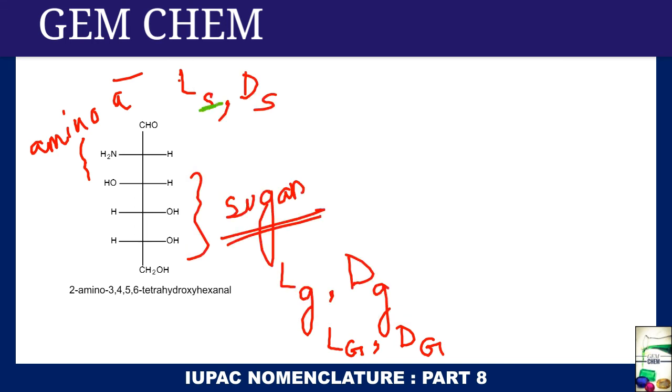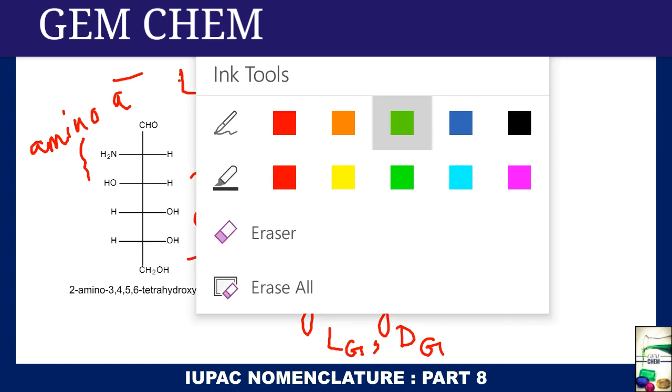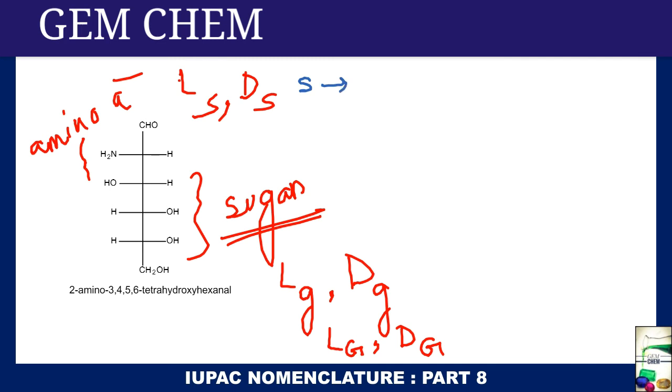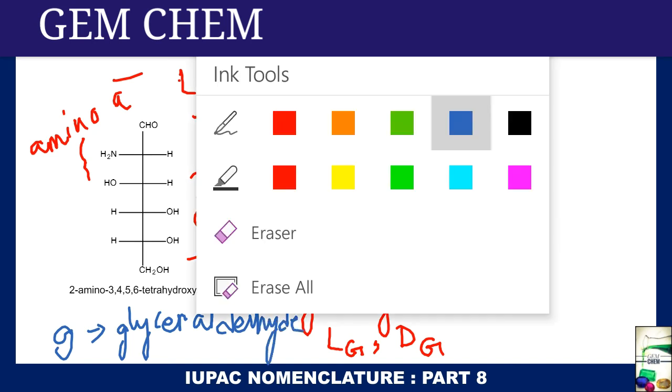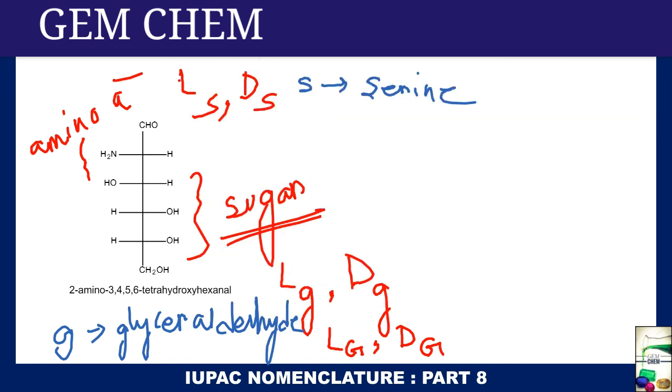Now what is S? Let us understand what is S. S stands for serine and G stands for glyceraldehyde. Now if we start to name it, which is very important, the naming will be like this.